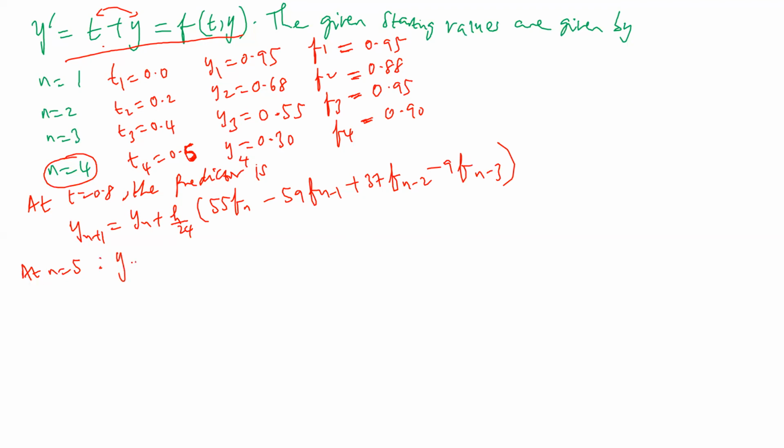If you're getting y5, it means this one is 1 less, plus h over 24. This one is 4, this one is going to be 3, this one is going to be 2, this one is going to be 1.